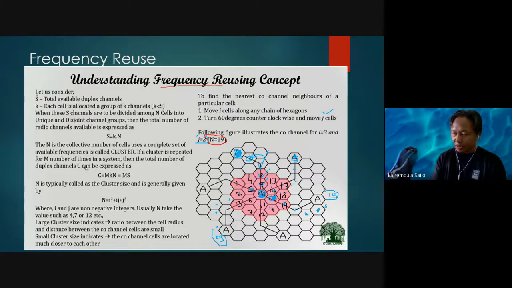Then how to find the co-channel neighbors, all the replicas of the frequency, replicas of the cell: move i cells along any chain of hexagons, turn 60 degrees counterclockwise, and move j cells. Okay, these are the things.